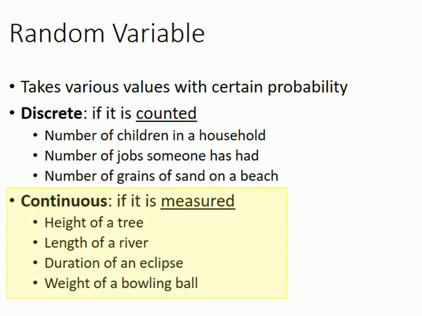Continuous random variables are measured, and they can be measured with any level of precision that we feel like using. So heights, length, duration, weight, volume, these are aspects that are measured rather than counted, and so those would be continuous rather than discrete.